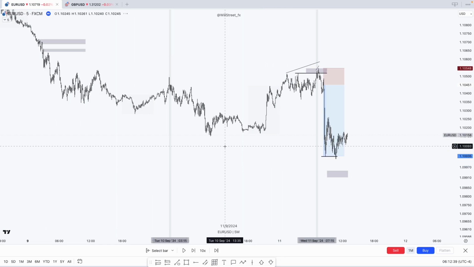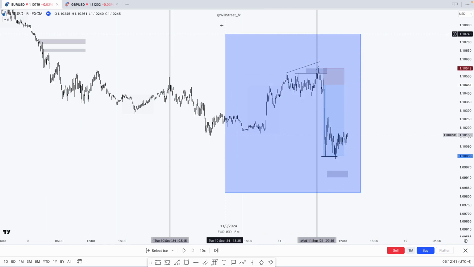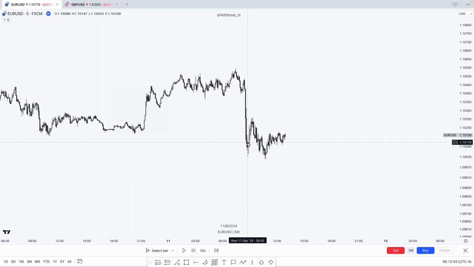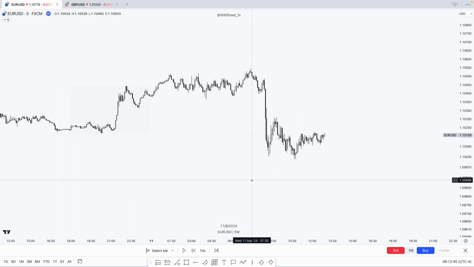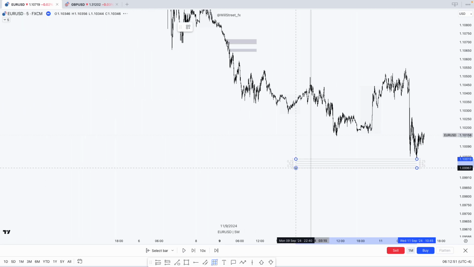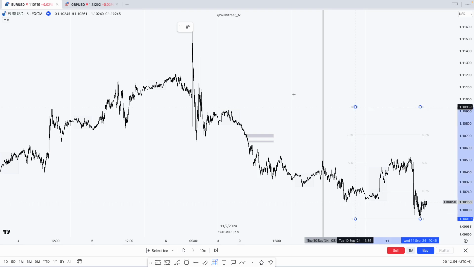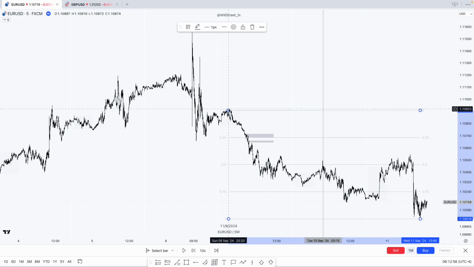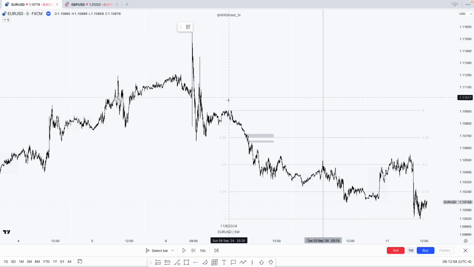As I said, the bearish objective of the week was already complete. There is no more bearish objective, and now price turns bullish. So from here, where did I set? Here, right? Here is my next draw on liquidity for the week.